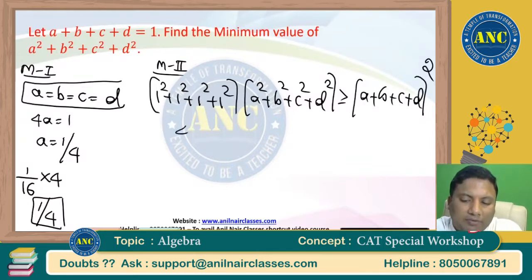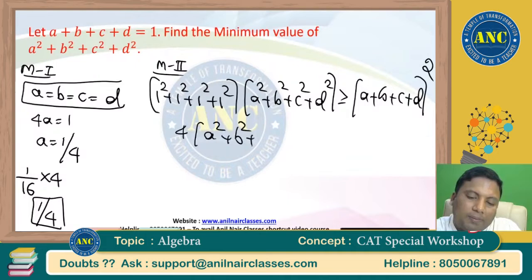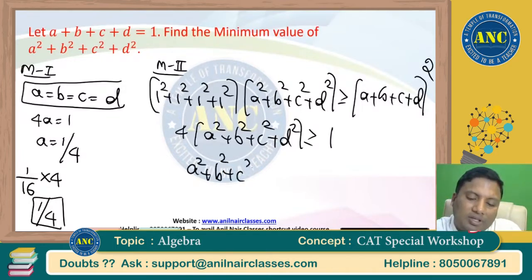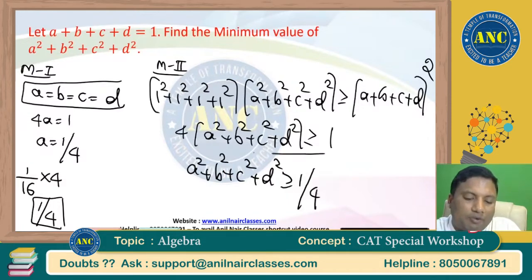The left side is 4 times (a² + b² + c² + d²), which is greater than or equal to (a + b + c + d) squared, and a + b + c + d is 1. So the answer is a² + b² + c² + d² is greater than or equal to 1 by 4.